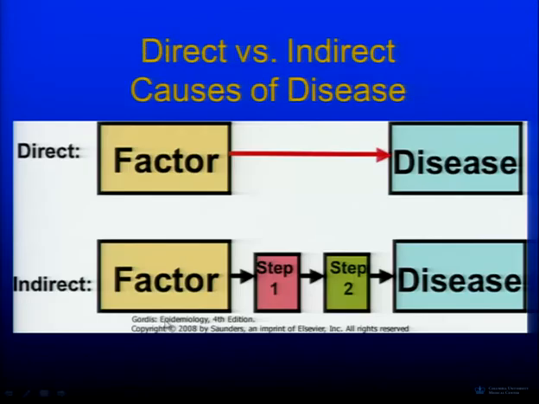And that's just graphically shown here, where direct is the factor leads directly to the disease, or indirect is something like this. Maybe this is carcinogenesis. So you have something that starts the initiation of a cancer, but then you need other things to promote the cancer before you finally get the diagnosis of the cancer. But it doesn't mean that this is not a causal risk factor for the disease. It just has to go through multiple steps.